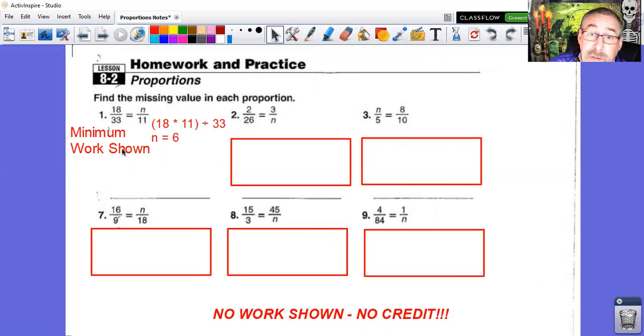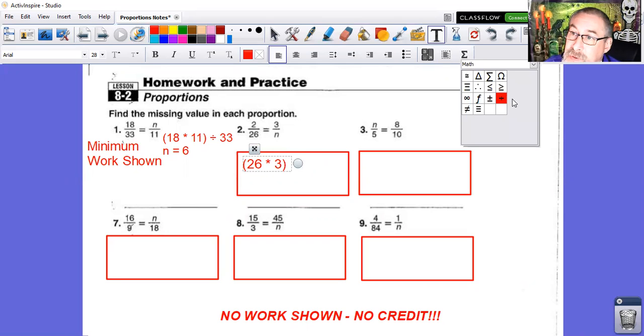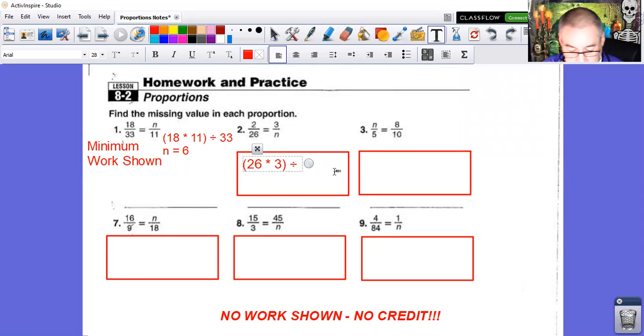So here, find the missing value for each proportion. Again, we're going to cross multiply. For this problem, I'm going to do 26 times 3, divide by the other value that we haven't used yet, and that's going to equal my n.